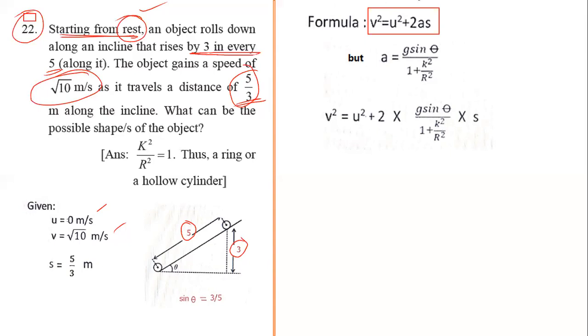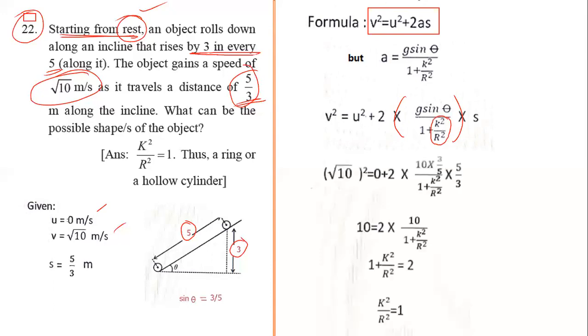So that formula is g sine theta divided by 1 plus k square by r square. So that we have to substitute. So v square is equal to u square plus 2 a s. Now we substitute the values and solve this equation for k square by r square. This k square by r square we have to find out. By using k square by r square, we can decide the object.